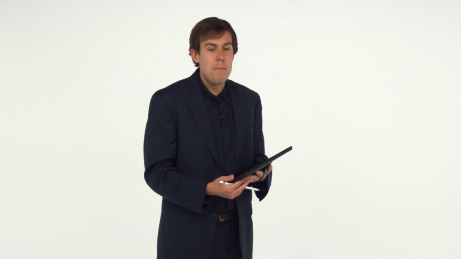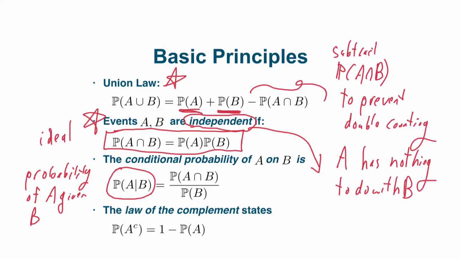So for example, if the event B is, it's 0 degrees outside, I could ask the question, what is the probability that I'm wearing a big coat given the fact that it's 0 degrees outside? Well, that probability is almost certainly higher than the probability that I'm wearing a big coat knowing nothing about what it is outside. This additional information, being given that it's very cold outside, tells you something about how to compute the probability. So that's the intuition behind this probability of A given B.